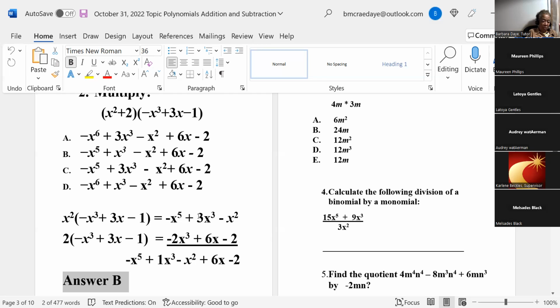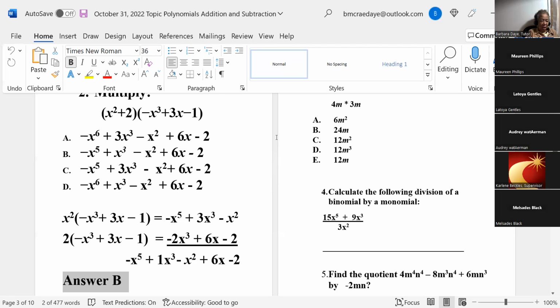The bigger number is 3 and it has a plus, so it's a plus 1x to the 3rd. X to the second, you didn't have it in the second polynomial, so it just stands alone. 6x only occurs in this polynomial, so you just plus 6x, and the constant only occurs here. Got it? Yes, ma'am. Okay.